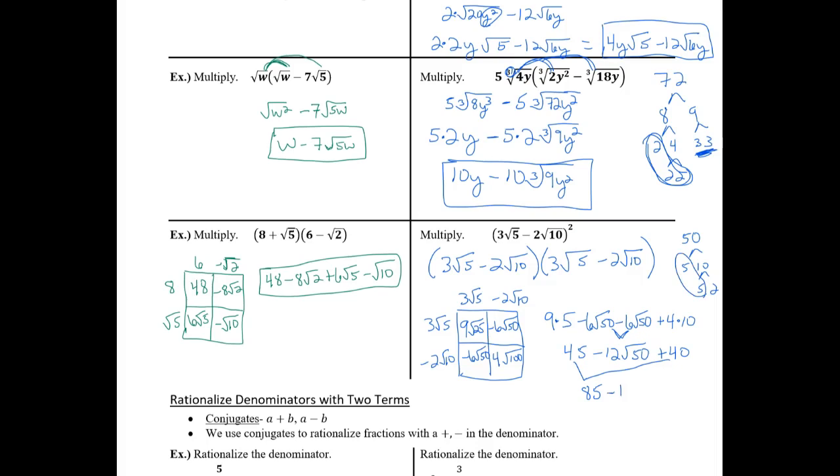I'm going to take out the square root of 5 squared is 5. I'm left with a 2 underneath the radical. And don't forget that negative 12 that was already there. So one last step, 85 minus 12 times 5 is 60 square root 2. And there you have it.